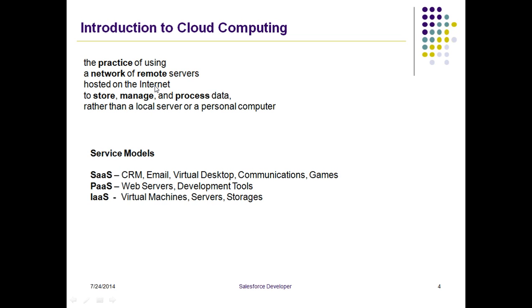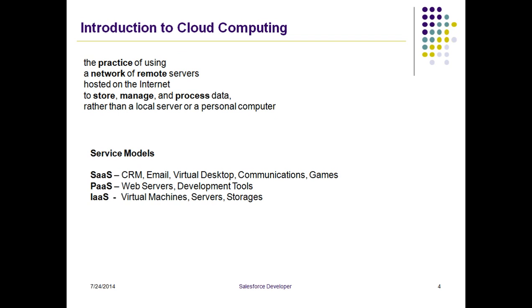So these servers are hosted on the internet and accessible also through the internet to store, manage and process data, rather than a local server or a personal computer. So cloud computing is the concept of using remote servers to store, manage and process the data on these remote servers which are hosted on the internet. Okay.